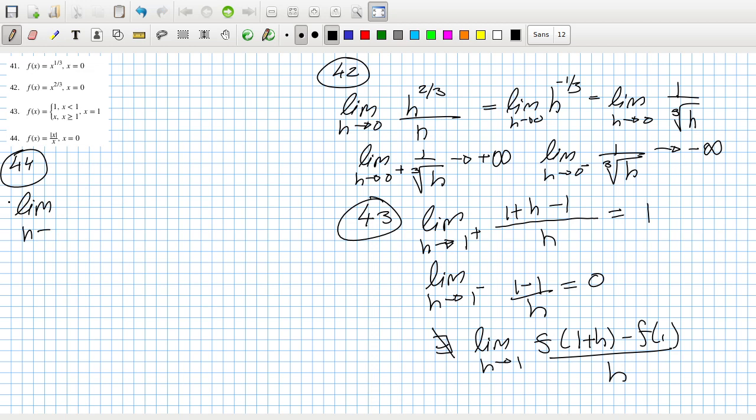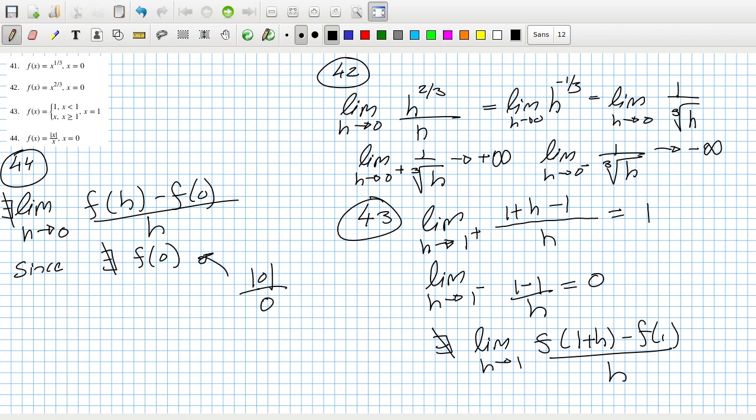So we don't even have this 0 plus h minus f of 0 over h, since f of 0 does not exist, because we'll have 0 over 0, so we can't calculate f of 0.